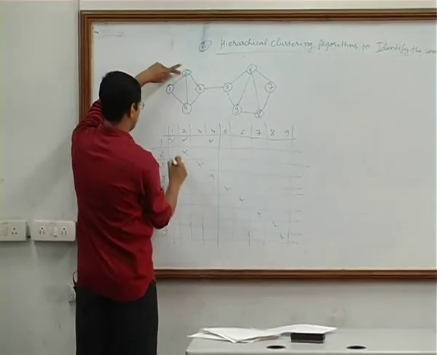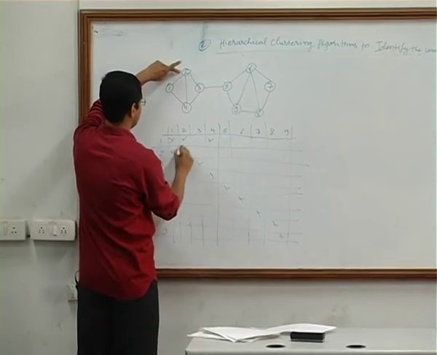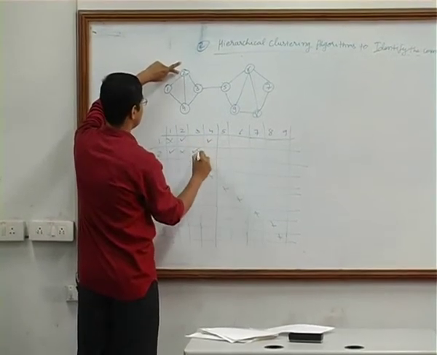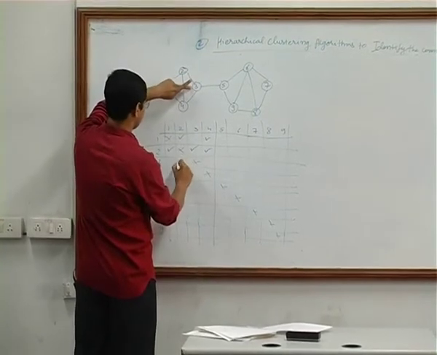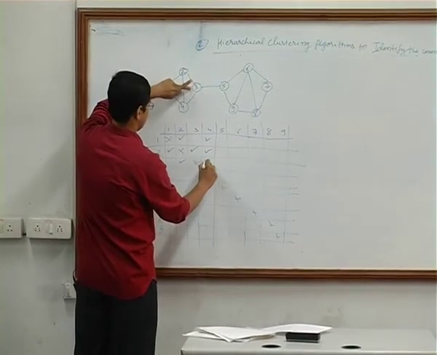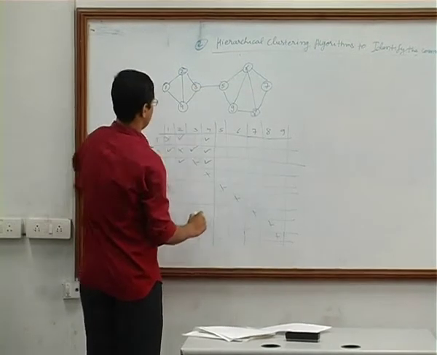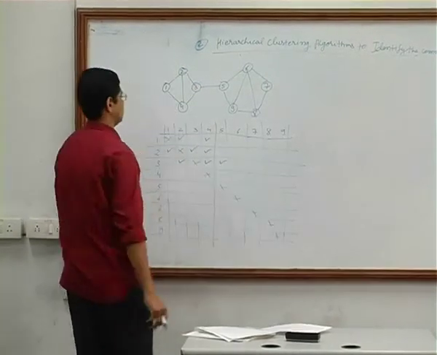For 2, it will be 2 to 3 and 2 to 4. Similarly, for 3, it will be, and like this.